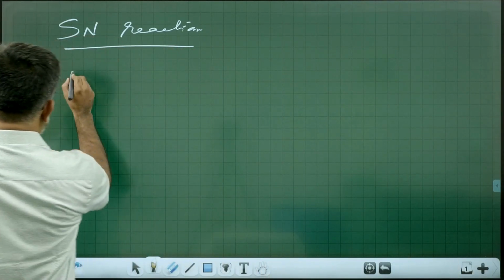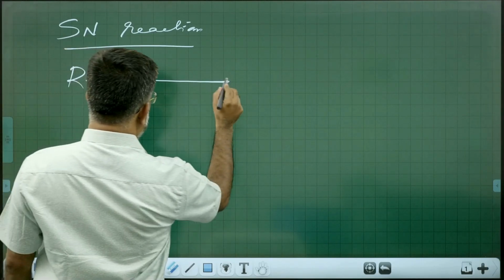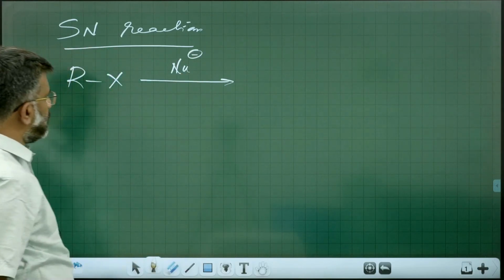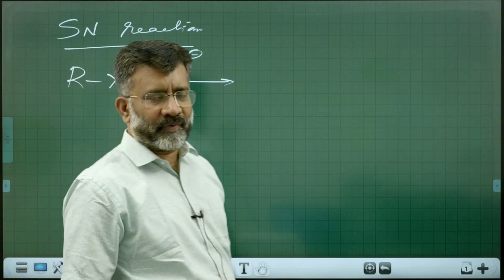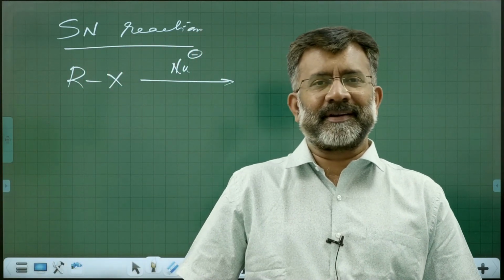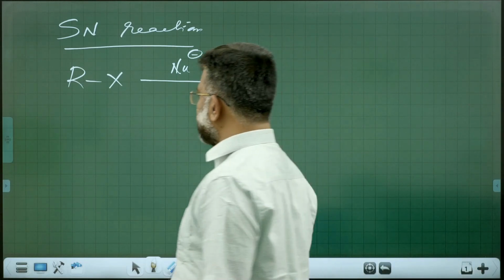So you can understand, an alkyl halide RX is interacting with a nucleophile, which can be represented normally as Nu minus. All of you know nucleophile means electron rich species. So the electron rich nucleophile is substituting the existing halogen.